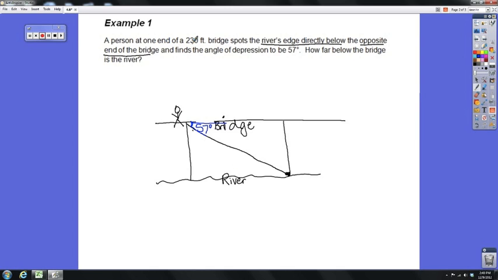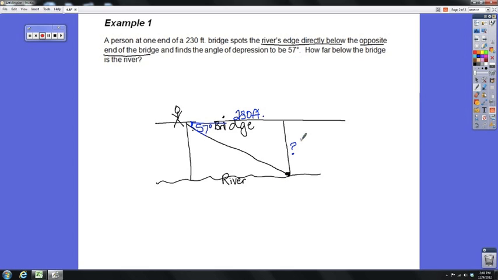The bridge is 230 feet long, so from here to here is 230 feet. How far below the bridge is the river? Well, I want to know this distance right here. This is what I want to know.